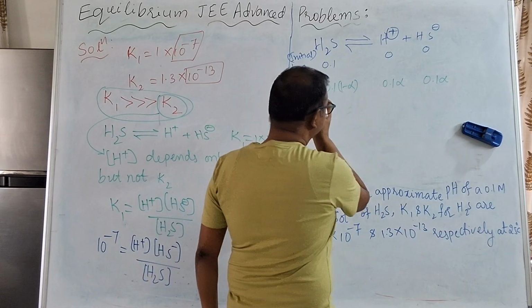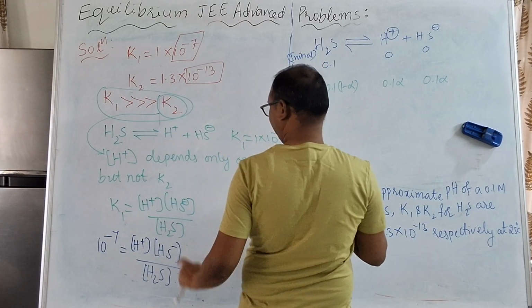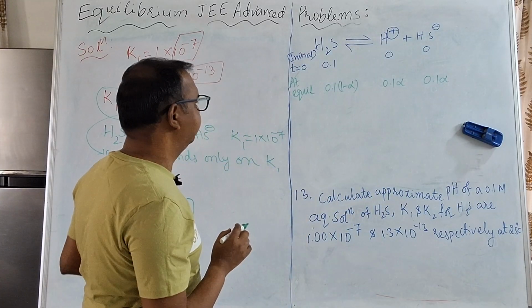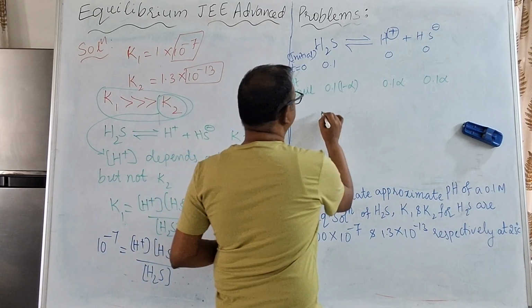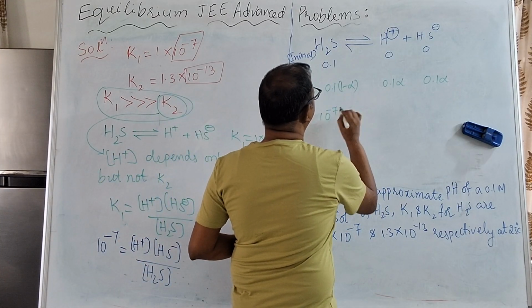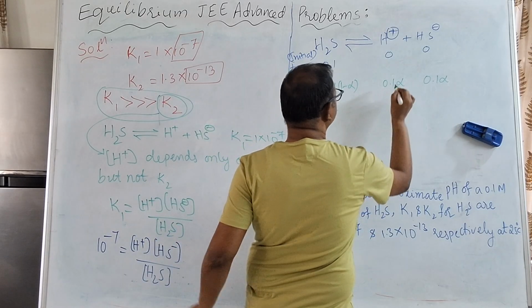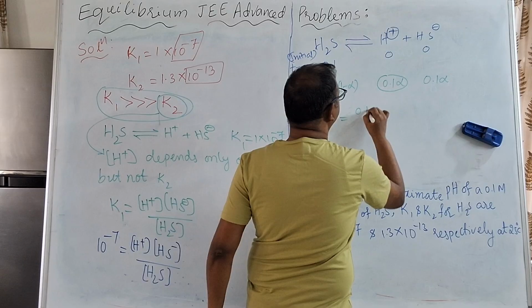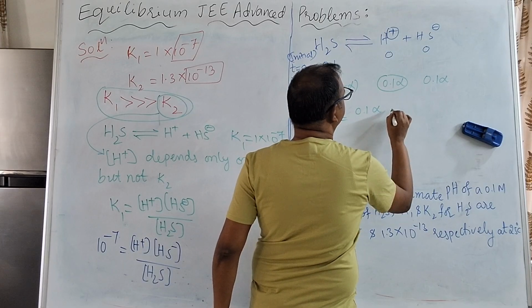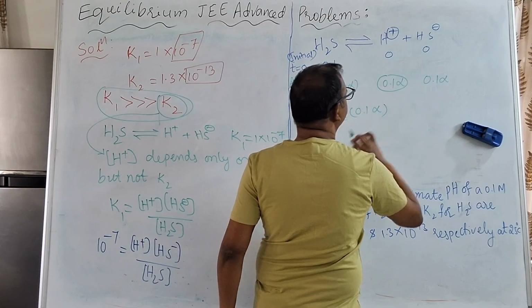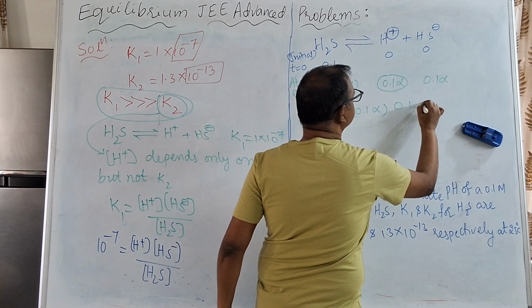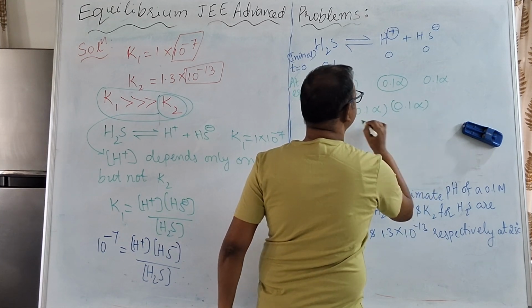Therefore, you can write the equation and substitute these values here. It can be written as 10 power minus 7, and H plus is equal to 0.1 into alpha, and HS minus is also 0.1 into alpha.